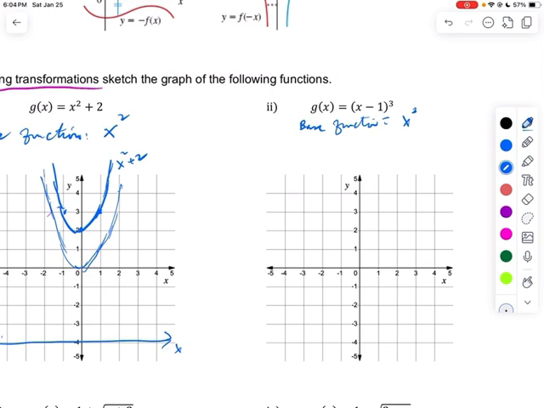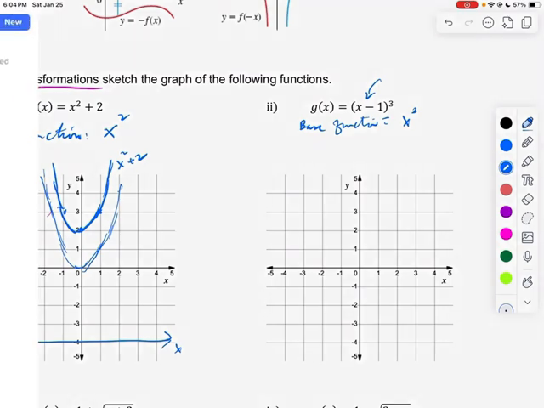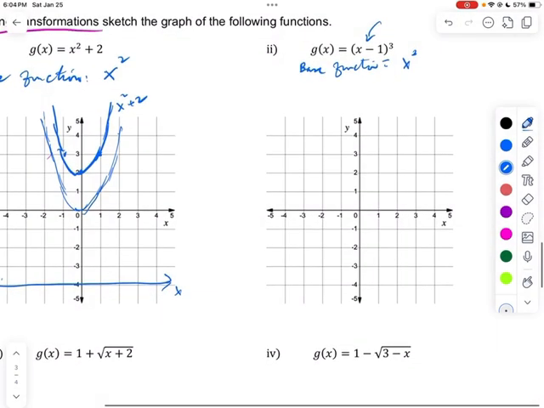The quickest way to figure that out is what value of x will make this quantity 0. Well, when x is 1, this will be 0. So it means you have to shift to the right, because you got 1, which is a positive number. So you have to shift 1 to the right. Shift right 1 unit.